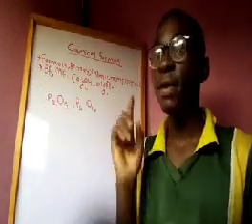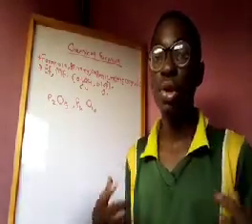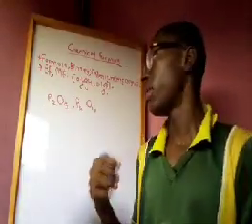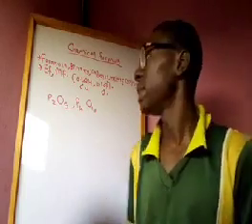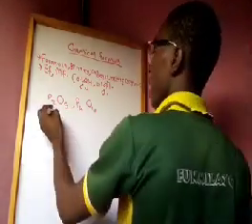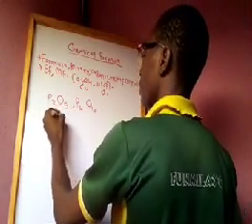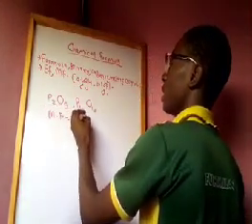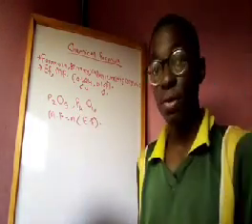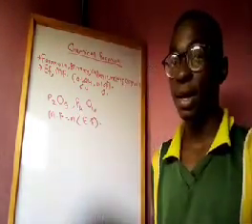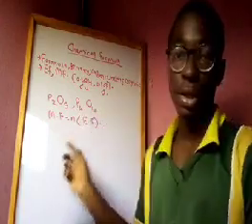And lest I forget, every compound, every substance, every molecule has its own specific empirical formula or molecular formula, and they could be the same, because there's a formula which says that molecular formula equals n open bracket empirical formula close bracket. Your molecular formula is always a multiple, by an integer, of your empirical formula.